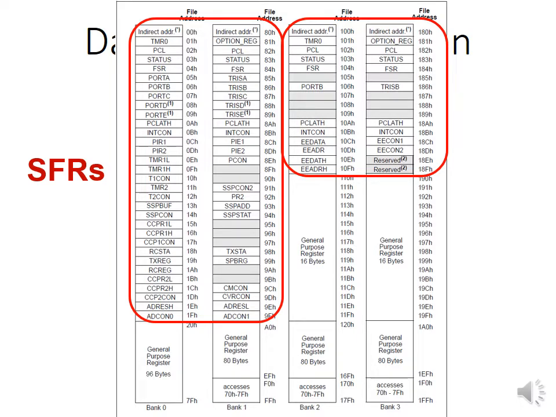Some of the file registers are mirrored in more than one bank. For example, the file register PCL at address 02H in bank 0 is also found in banks 1, 2, and 3.